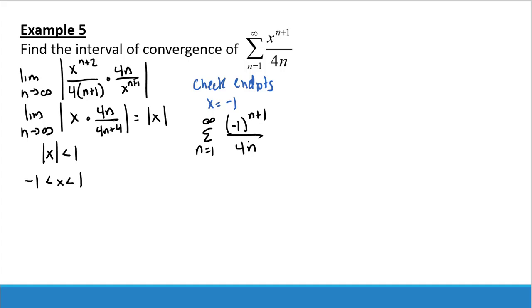Well, I see a -1, so I'm going to go straight to the alternating series test. The limit as n goes to infinity of 1 over 4 to the n equals 0, and this is definitely less than 1 over 4 to the n. So this converges by the alternating series test, so you would include -1 in your answer.